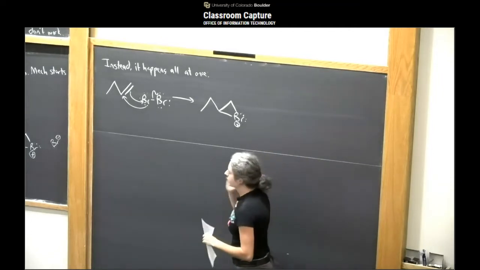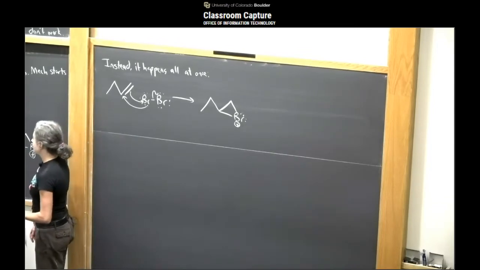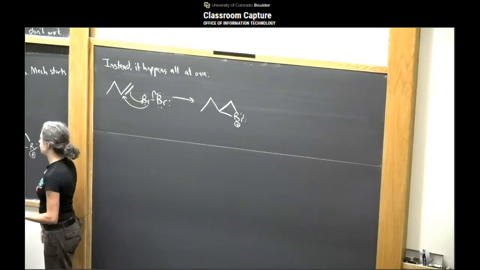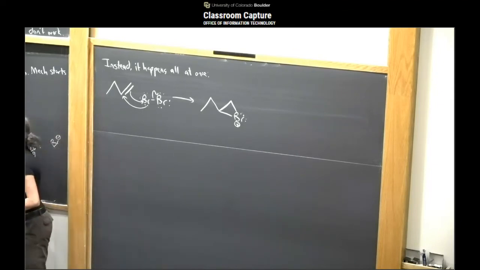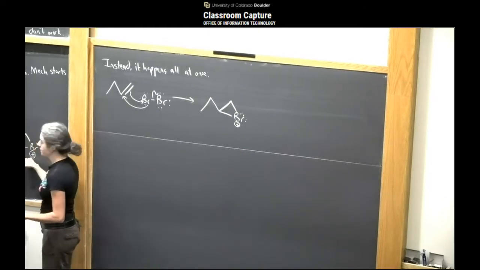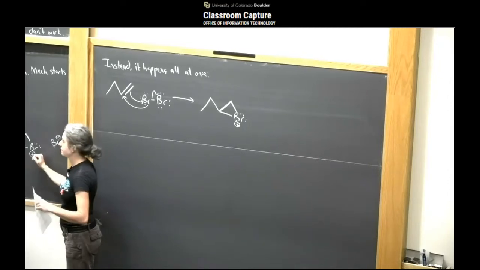So another way you can confirm this to yourself is that it's not exactly resonance. Loudon is a little hand-wavy on whether they treat it as resonance or not. I think they do use resonance arrows, which is annoying. But between the two possible ways to show the product, one ring open and one ring closed, this form has a full octet on every atom. The bromine here with its positive charge still has a full octet.